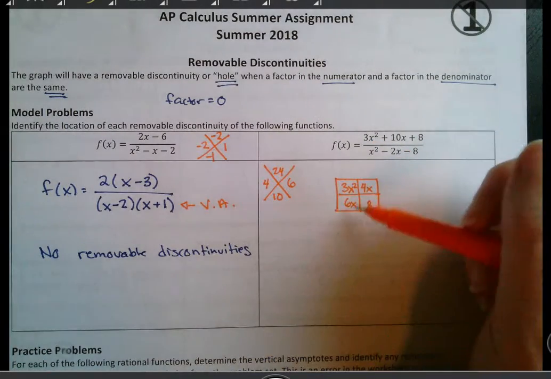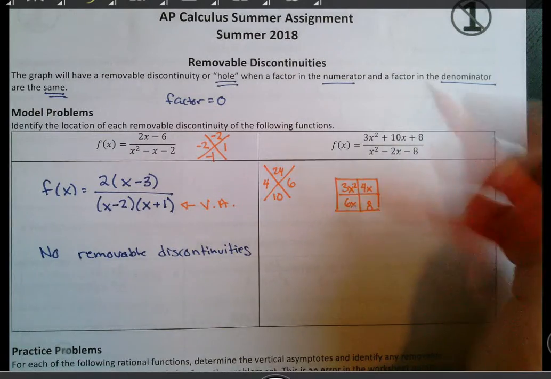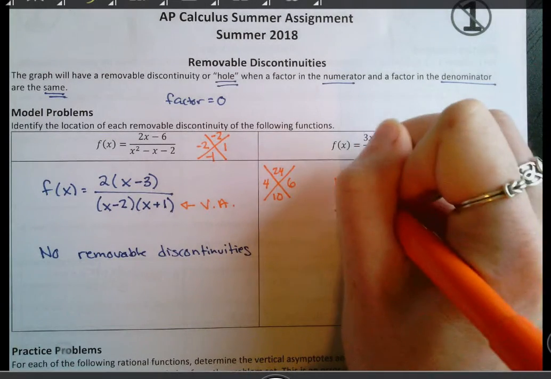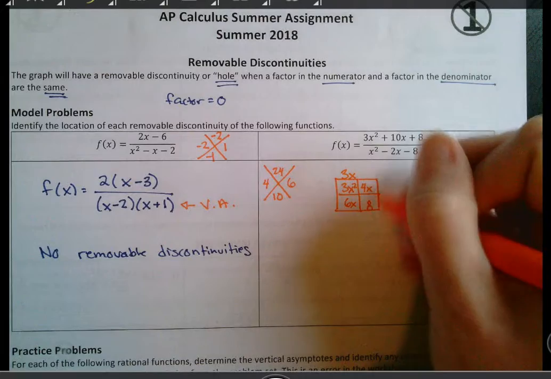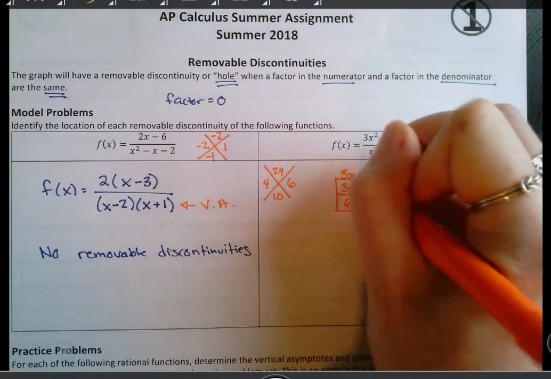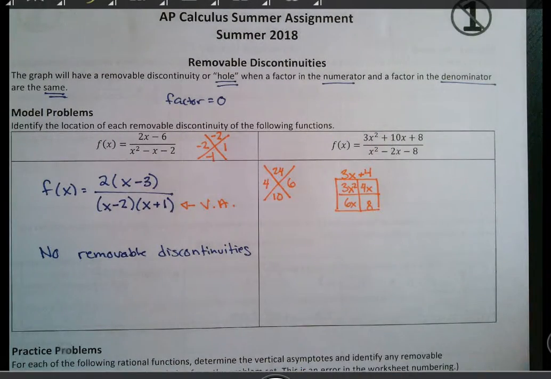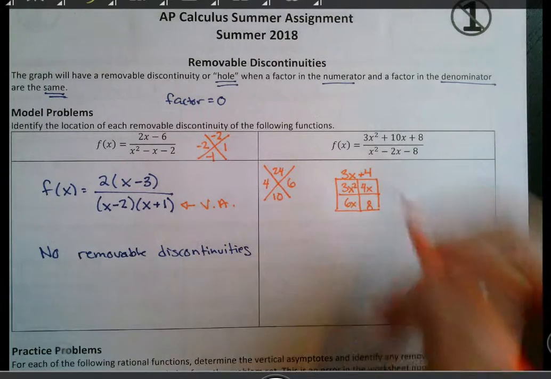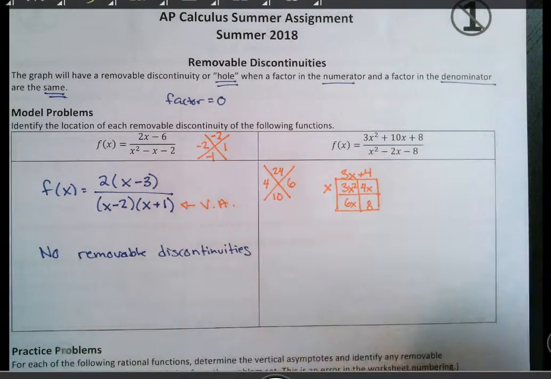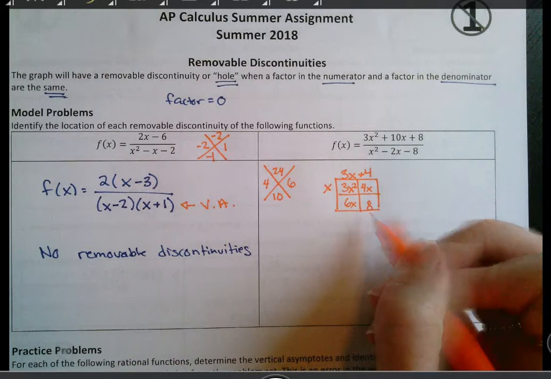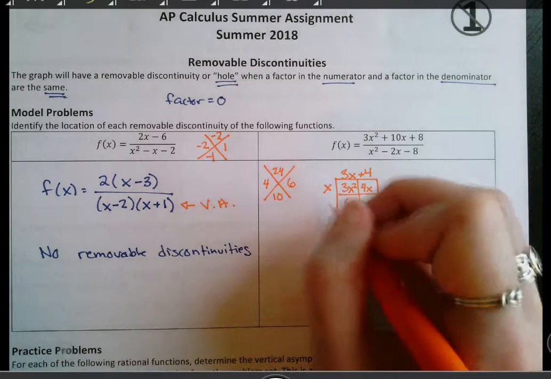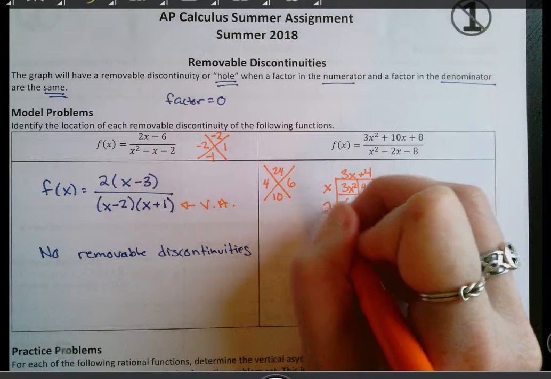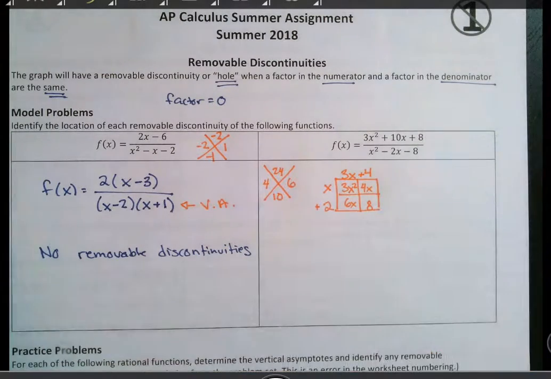So 3x squared and 6x can both be divided by 3 and an x. Here, a 4x and an 8 can both be divided by a positive 4. Now if we go this other direction, 3x squared and 4x can both be divided by an x. 6x and 8 can both be divided by a 2. It's going to be positive.